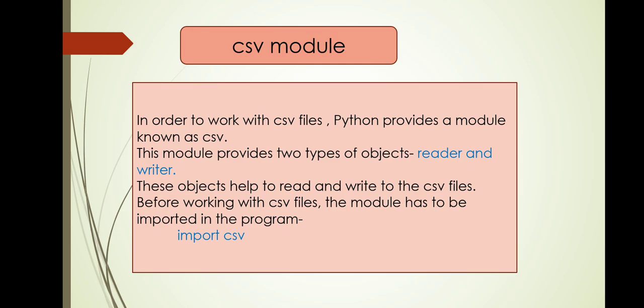The CSV module provides two types of objects: a reader object and a writer object. The reader object helps to read from the CSV file and the writer object helps to write onto the CSV file. Before you use the CSV module in your program, we have to import it, and the statement is the same as for any other module: import csv.